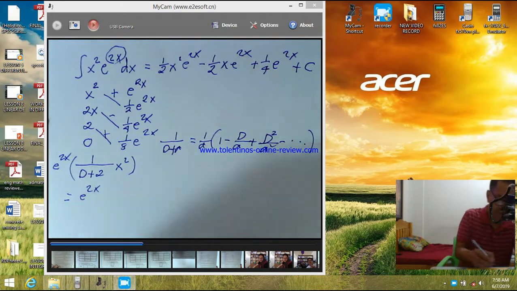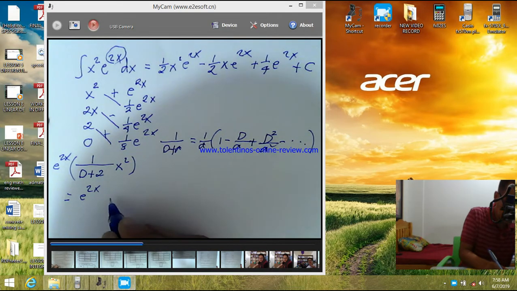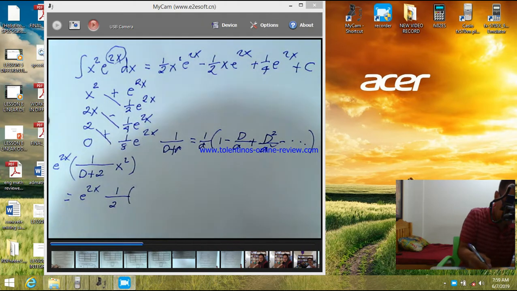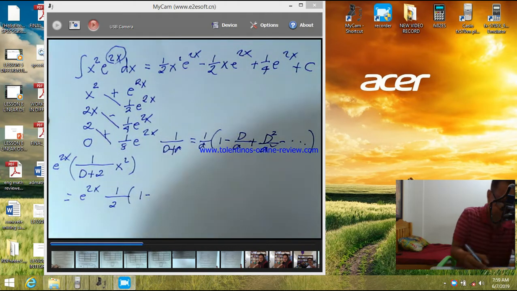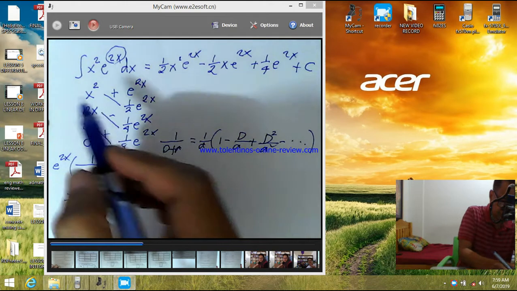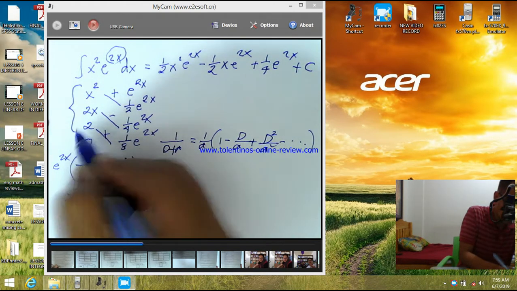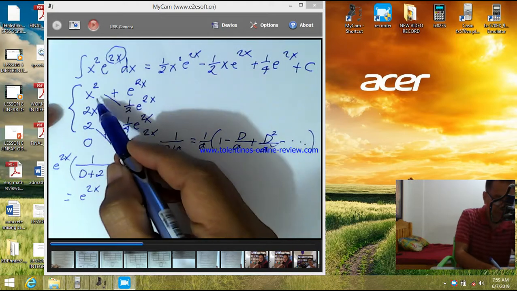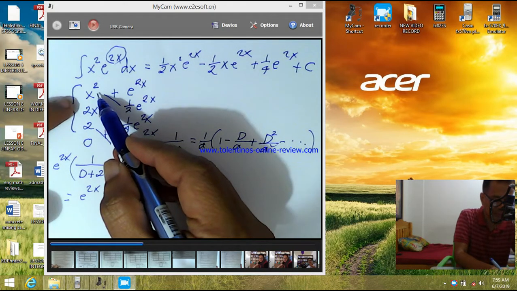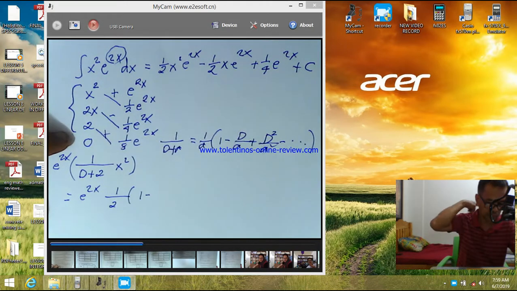Look at that pattern. So this is e to the 2x times 1 over a, which is 2, times 1 minus. Now we get the derivative. Okay, so we only need these three: the original function, first and second derivative.